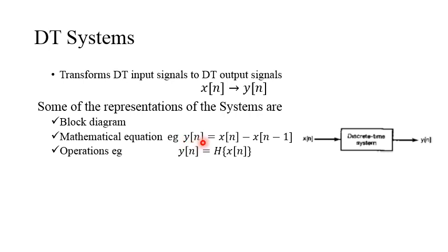We have the output signal y of n and the input signal x of n. You can easily tell what the system is doing here: it is subtracting the previous value of the signal from its present value, right? Similarly, we can represent a system by operations, such as y of n equals H of x of n, where H is an operator that performs some operation on the input signal to produce the output signal.